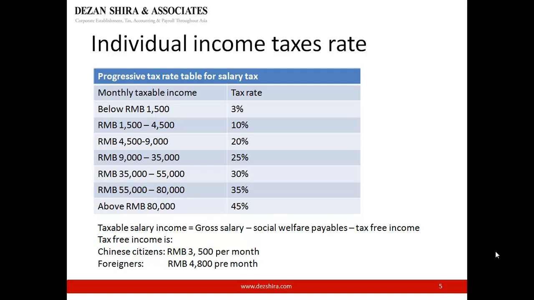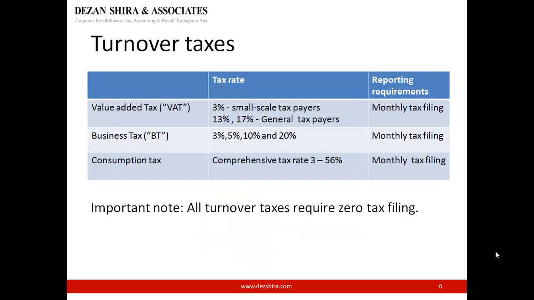So let's move to the third part, the most important part when you do business in China, because when you have any business transactions, you will see those taxes, which are the turnover taxes. The turnover taxes include value-added tax, business tax, and consumption tax.